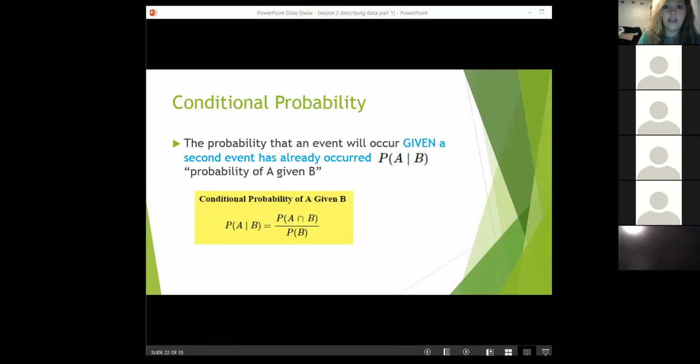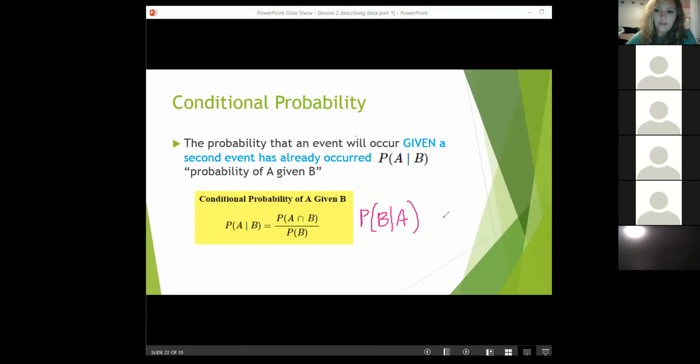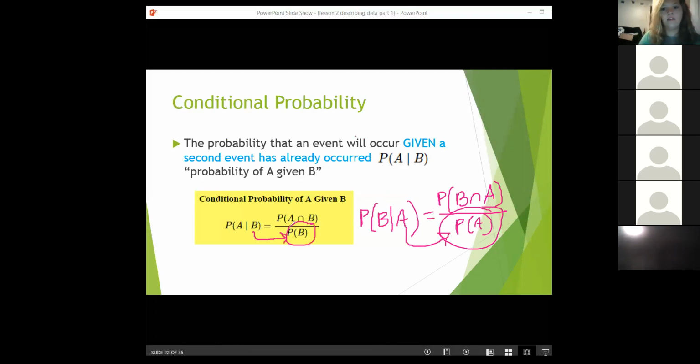And just to write it out again, to show you a different way, if I had probability of B given A, I could write out probability of B intersect A divided by the probability of A. So you see my denominator is always going to be in regards to this one. That's what I was talking about here, the one to the right.